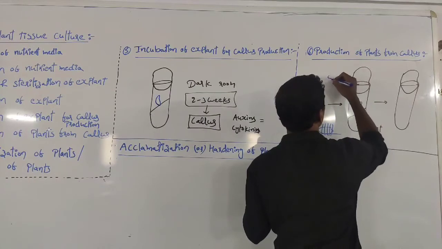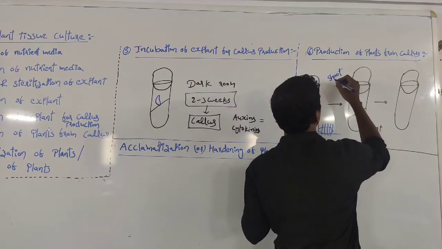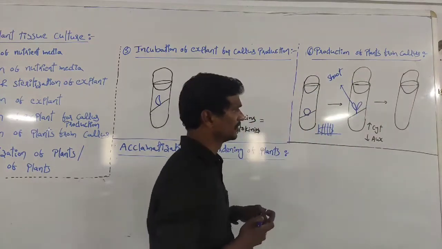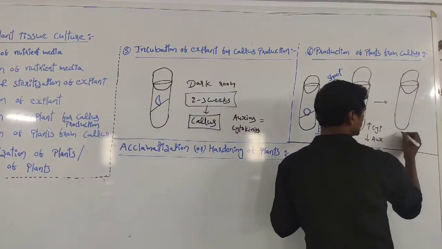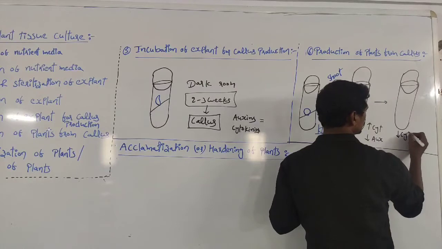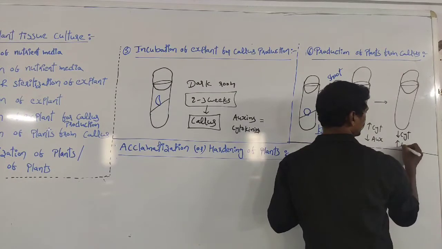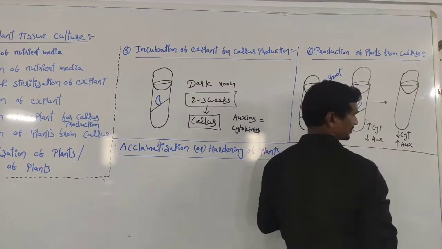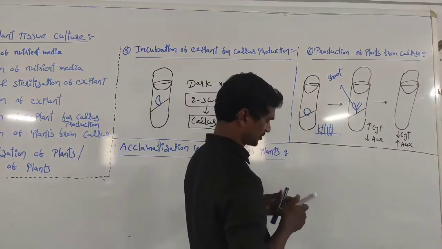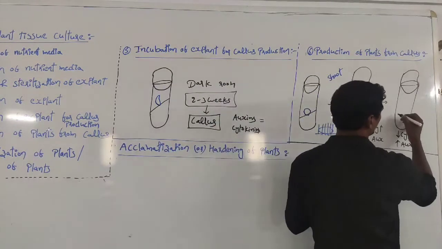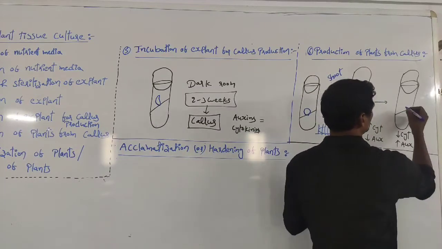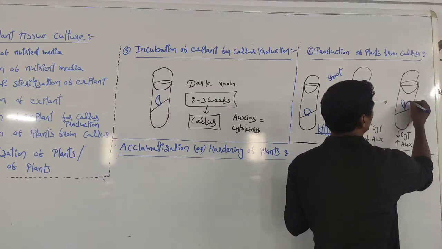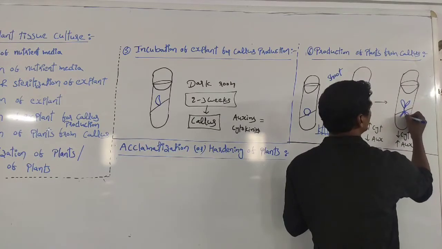So in this nutrient media, shoots will be produced. After that, in the next nutrient media there is a low concentration of cytokinins and a higher concentration of auxins. Within this nutrient media, root production will take place. So shoots are produced first, and later the roots.